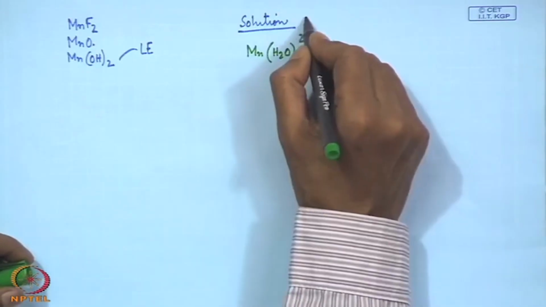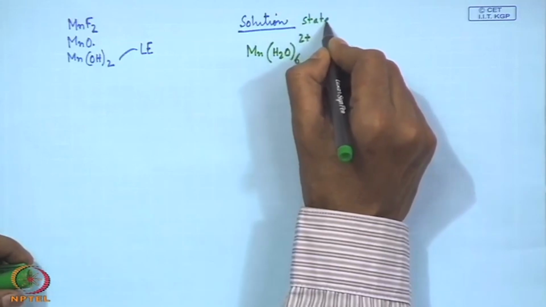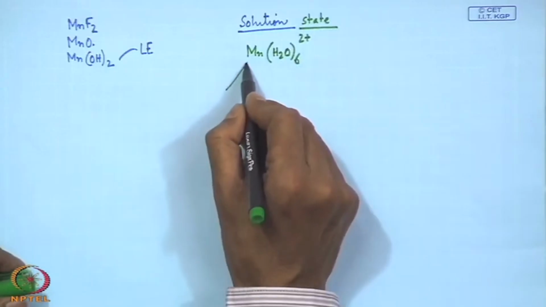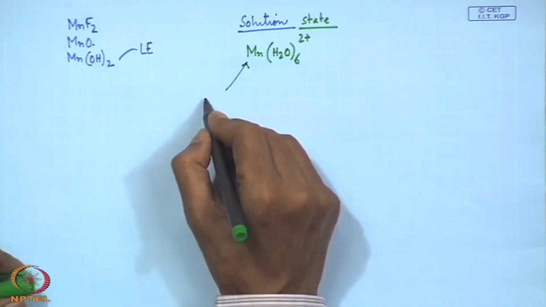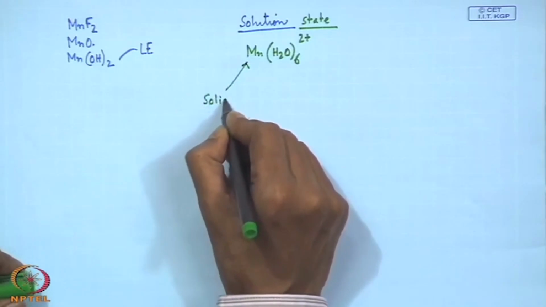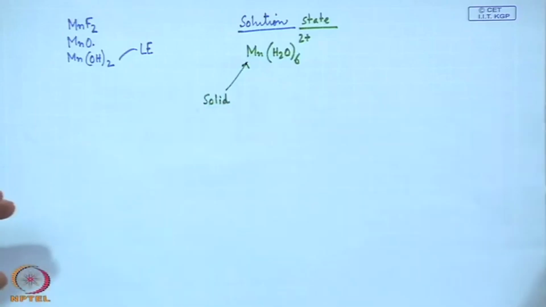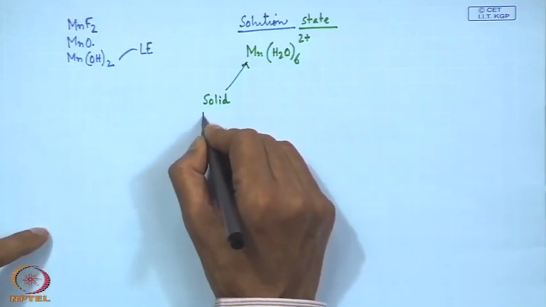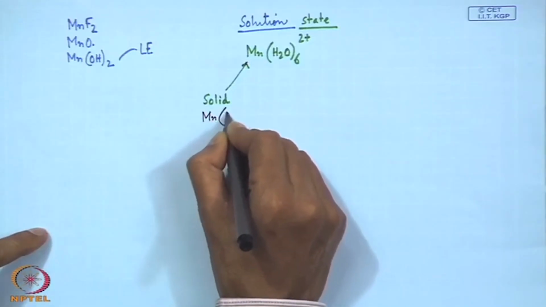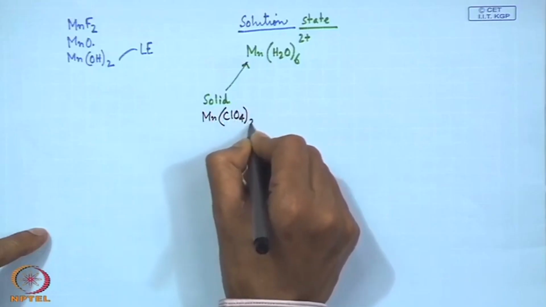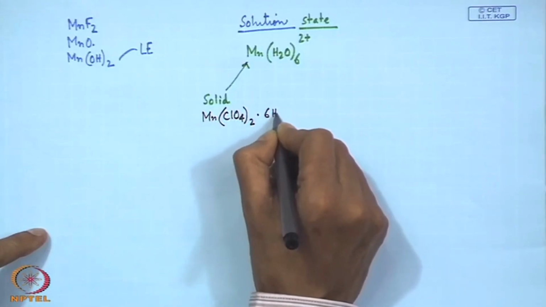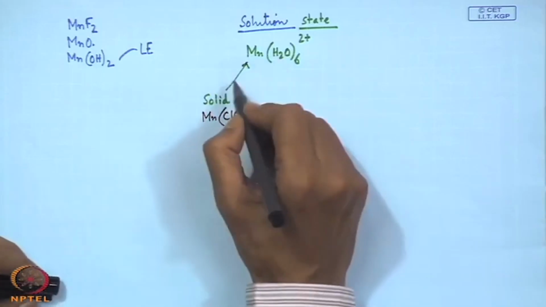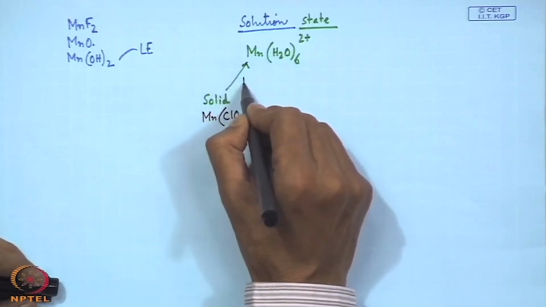So, in the solution state we get these interactions when we have, say, solid manganese chloride or manganese nitrate or manganese perchlorate in our hand. So, if we have manganese perchlorate with some water of crystallization, and we dissolve this solid in water.